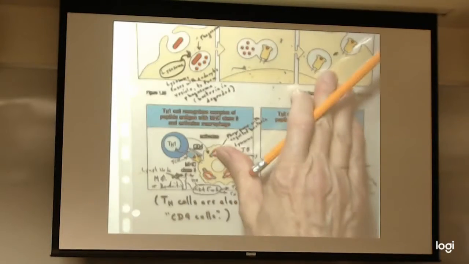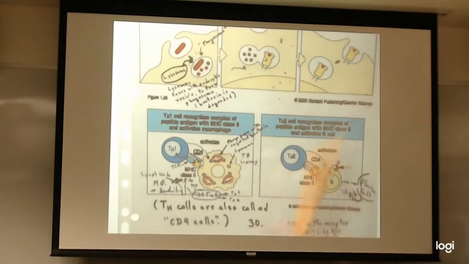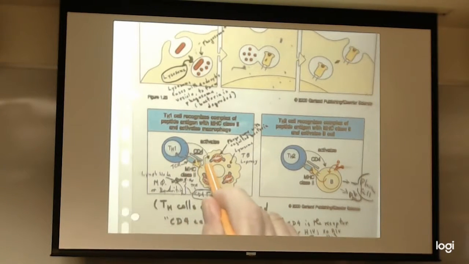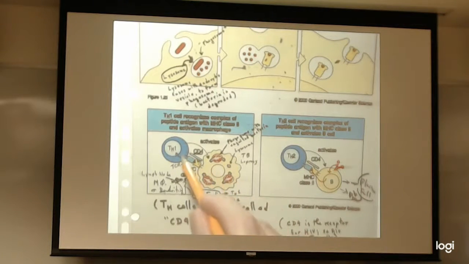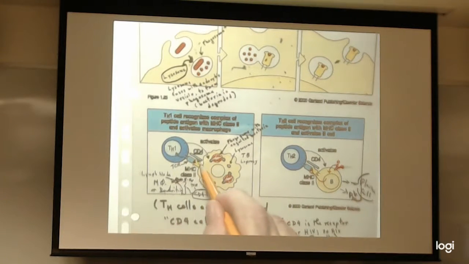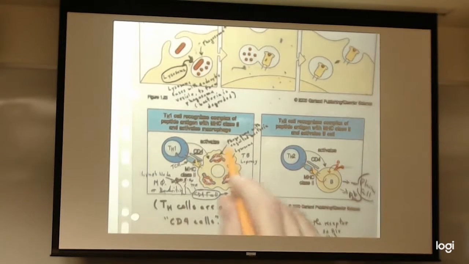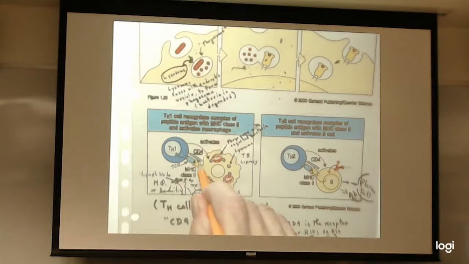And then CD4 cells, as I said, the CD4 protein plays a role analogous to the CD8 protein, in the sense that it recognizes the base of an MHC molecule, whereas the CD8 protein recognizes the base of a class 1 presenter.